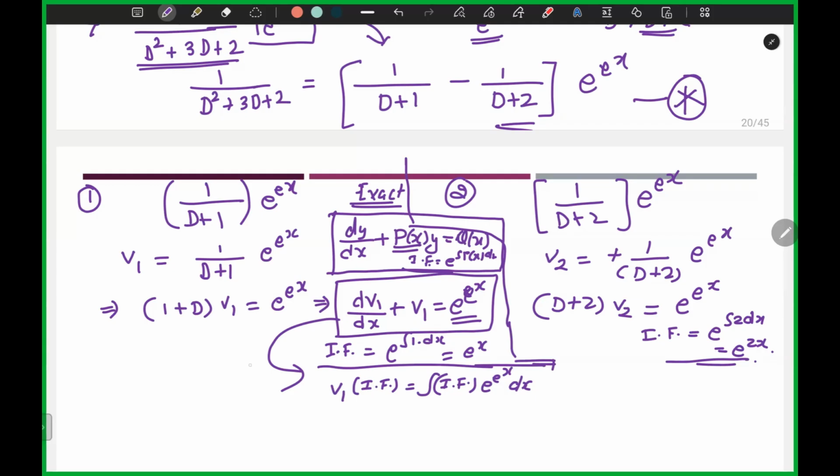We are finding the particular integral, so we don't include a constant here.